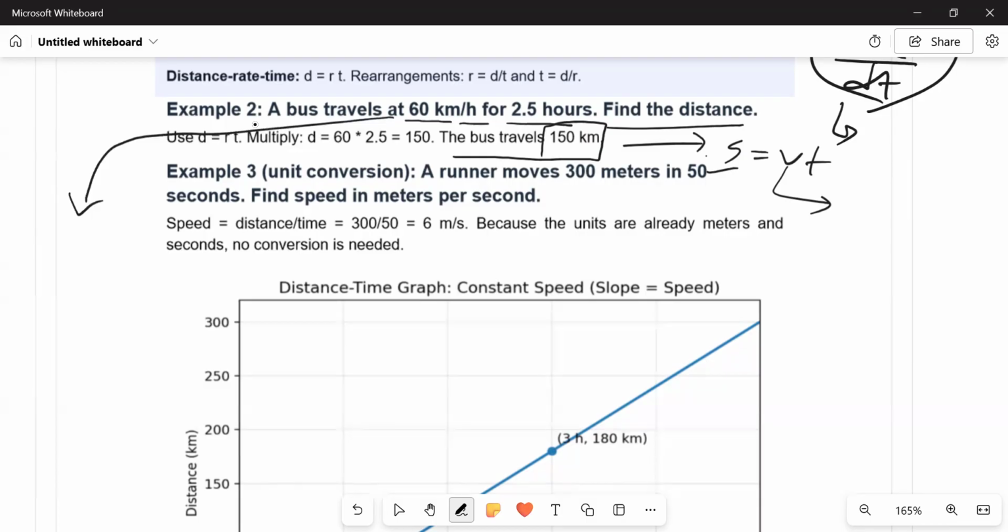The v is going to be the same, t is also going to be the same, and I say that v is constant, which is 60 kilometers per hour. What do I need to do to make the math problem a bit complex? Can anyone tell me?